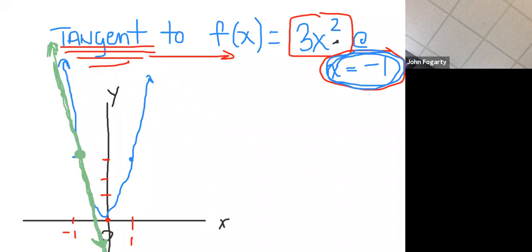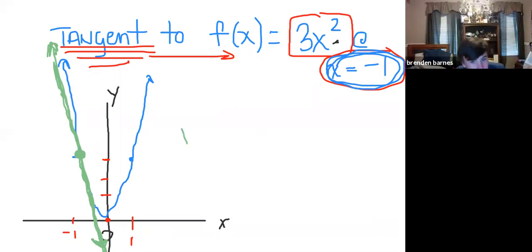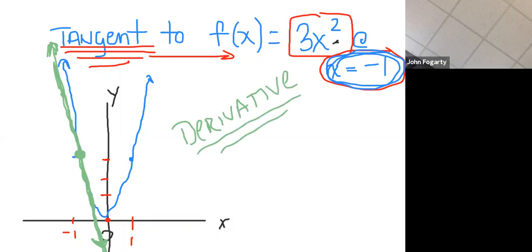How do you find the slope of that line? Find 2 points on the line. Isn't a derivative the instantaneous slope?